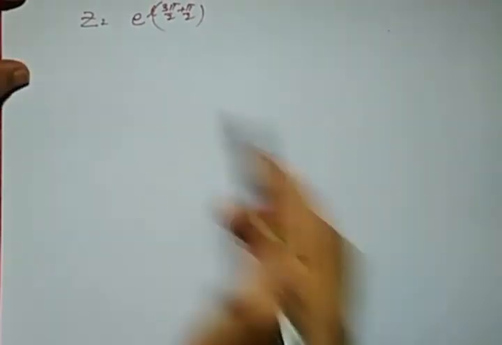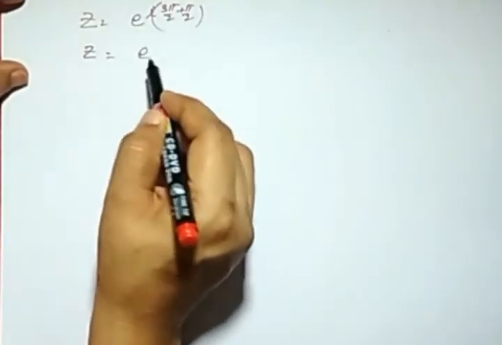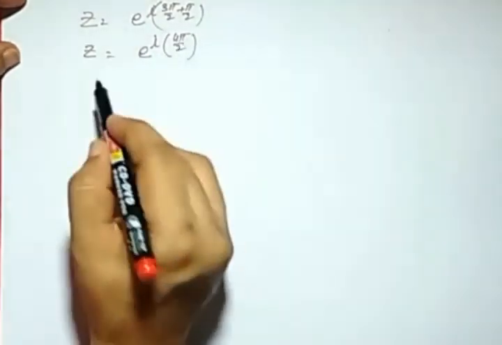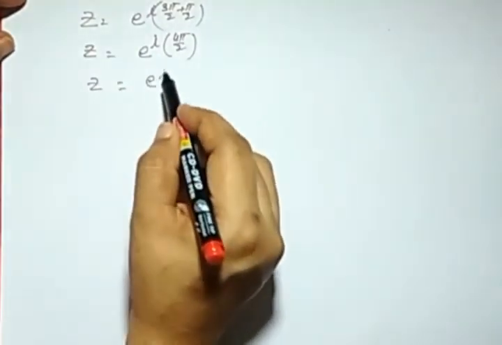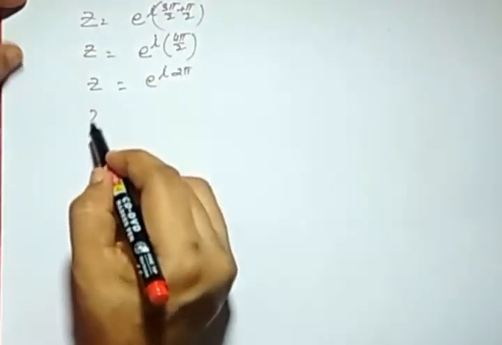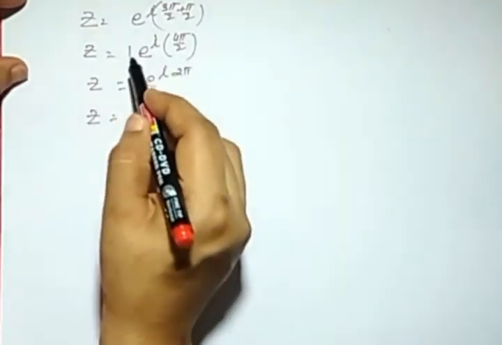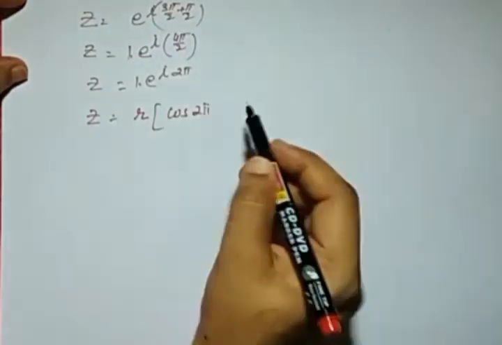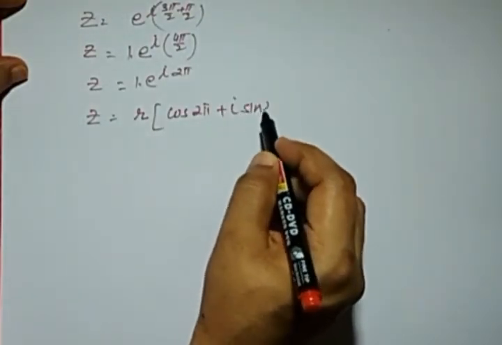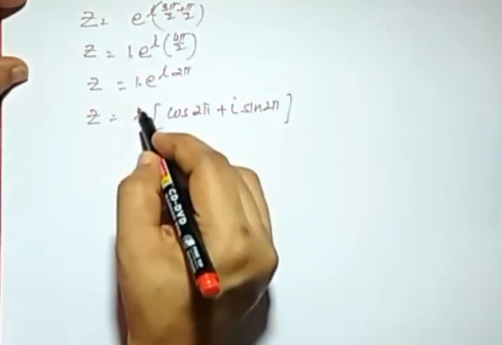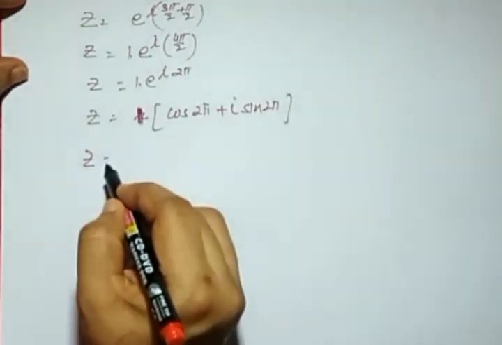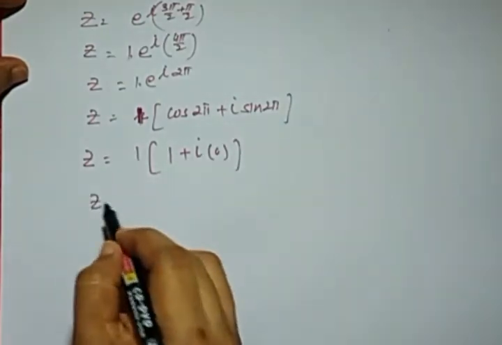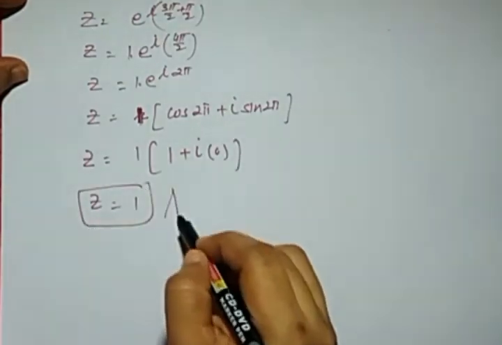So z is equal to e raised to power i 4 pi by 2, which is e raised to power i 2 pi. z is equal to r cos 2 pi plus i sine 2 pi. Sorry, r is 1 here. So z is equal to 1 plus i into 0. So z is equal to 1. This one is our answer.